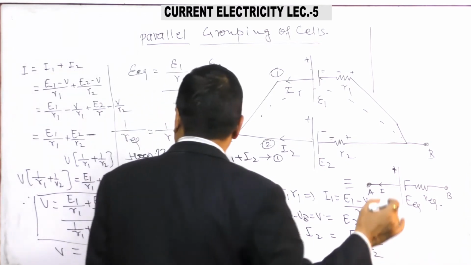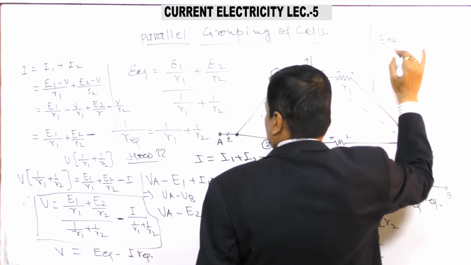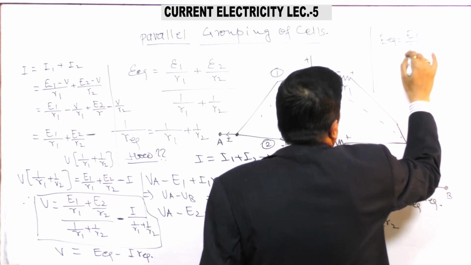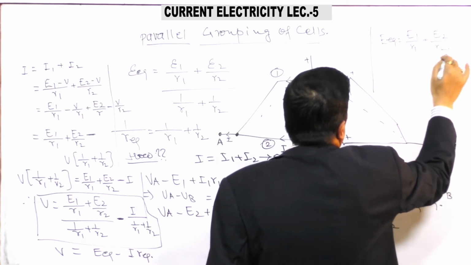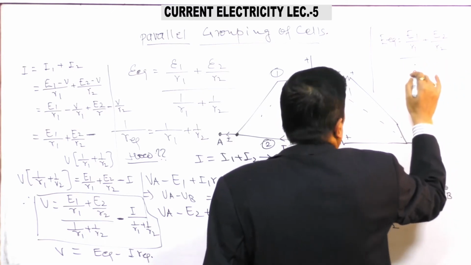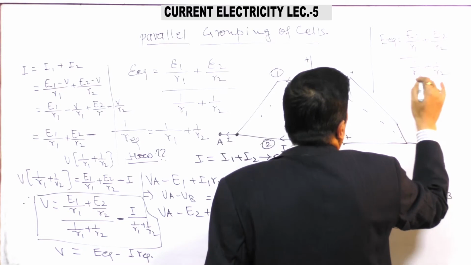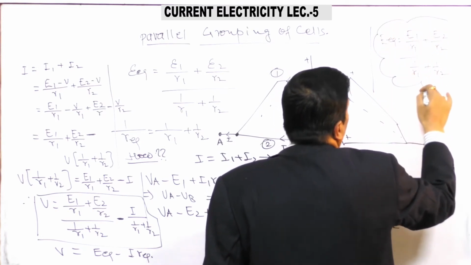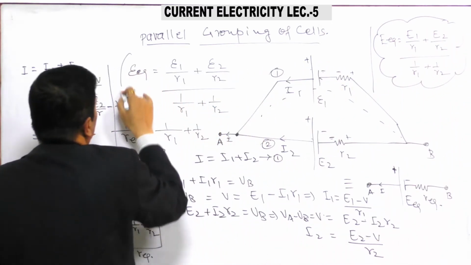So what we are getting, E equivalent is equal to E1 by R1 plus E2 by R2 divided by 1 by R1 plus 1 by R2. This is the result that we have derived.